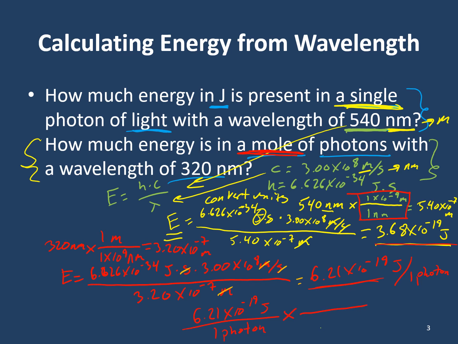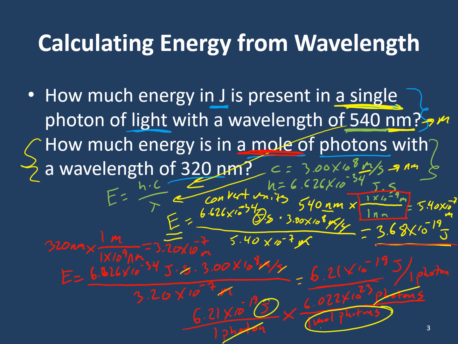I know that 1 mole of photons, because I want it per mole of photons now, I know that in 1 mole of photons there are 6.022 times 10 to the 23 photons. This is Avogadro's number. And so, again, we get photons canceling, and we're left with joules over moles of photons.